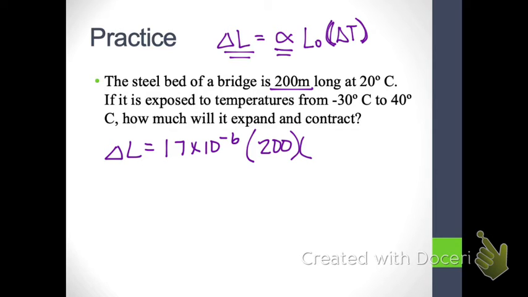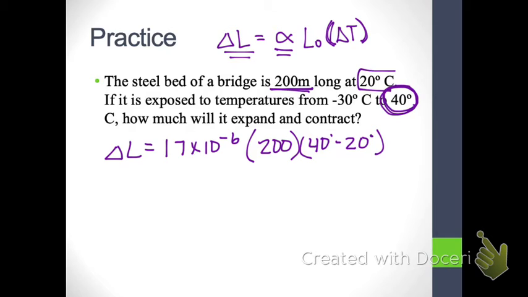And so do we want to look first for the expansion or for the contraction? Expansion. So if I'm looking for expansion, should I pick the hot temperature or the cold temperature? If it's expanding, is the temperature warming up or cooling down? Warming up. So I need to go 40 degrees minus 20 degrees, because this is the hot temperature.